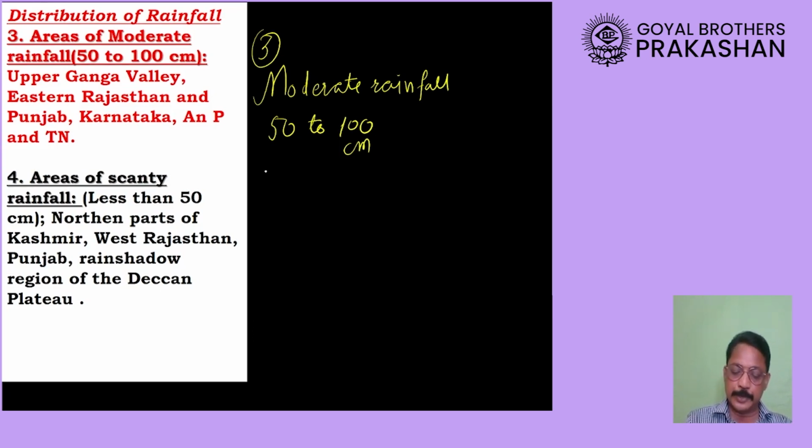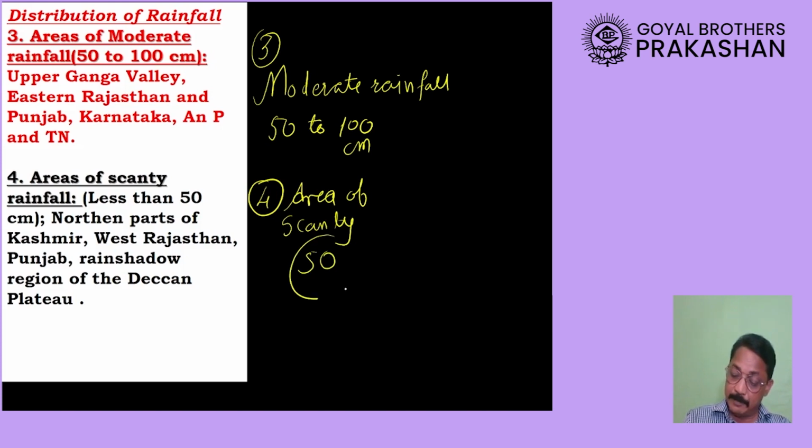It includes the Upper Ganga Valley, eastern Rajasthan, Punjab, Karnataka, Andhra Pradesh, and some part of Tamil Nadu. And the fourth region is the region receiving scanty rainfall, which is less than 50 centimeter. If any area receives rainfall less than 50 centimeter, we call it the area receiving scanty rainfall.